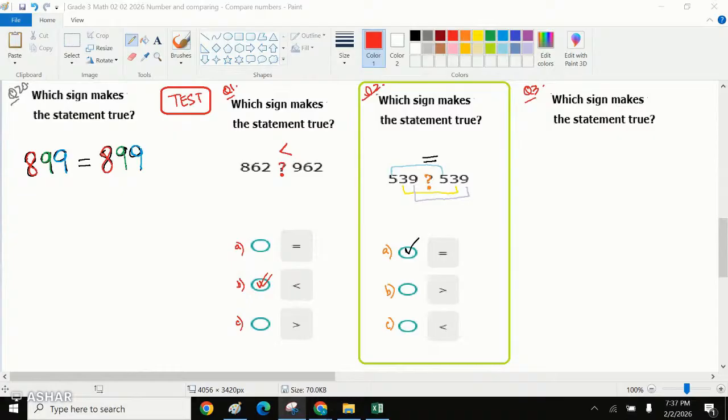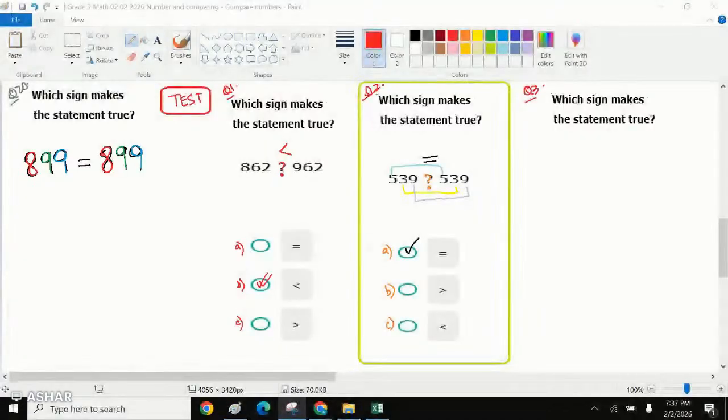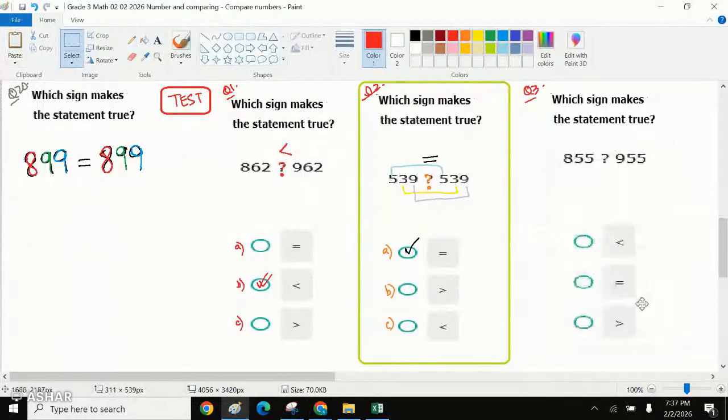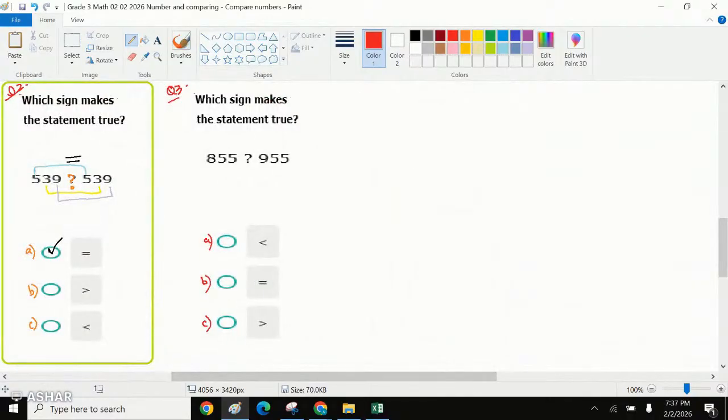So the question number 3 says 855 and 955. And the options are less than, option B is equals, and option C is greater, right? So what should be the correct answer?